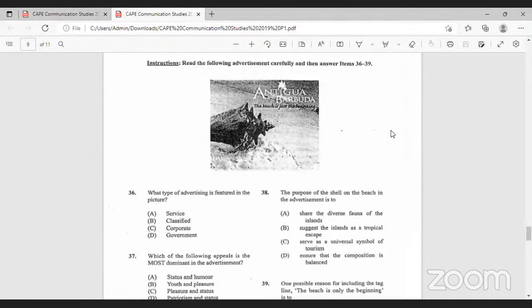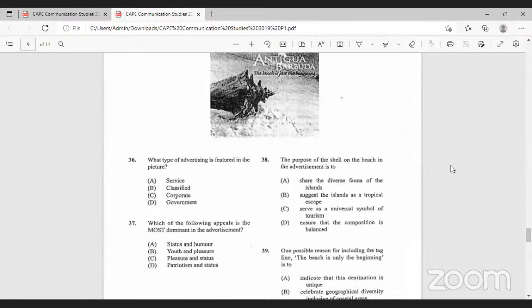A lot of persons are saying A, but the answer that I have is D, government, because the government of the country is advertising the country as a tourist destination. Only if you're advertising the whole country, it's usually the government. Like Jamaica does it, it's Jamaica Tourist Board usually would do it, which is a government agency. But I would accept service. So you can just say A or D for 36.